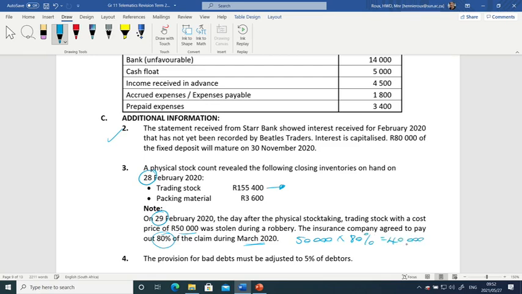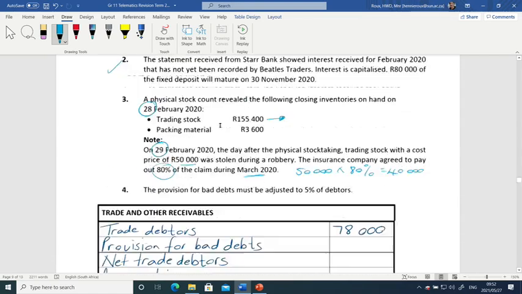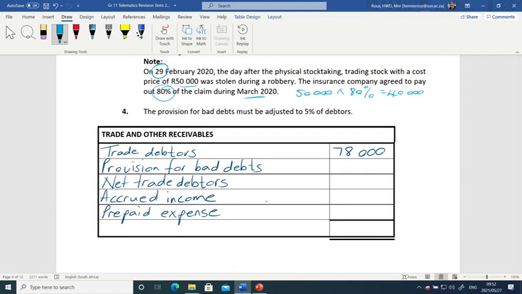So there's a 40,000 that we're still supposed to receive for this financial year because the robbery happened in this financial year. So that will be accrued income that we show on the accrued income note. Accrued income, the 50,000 times 80%, which will give you the 40,000.